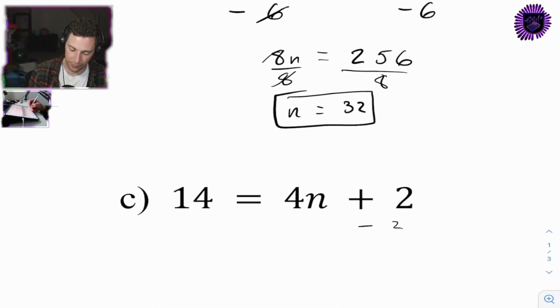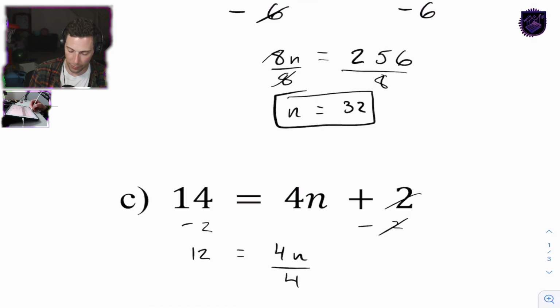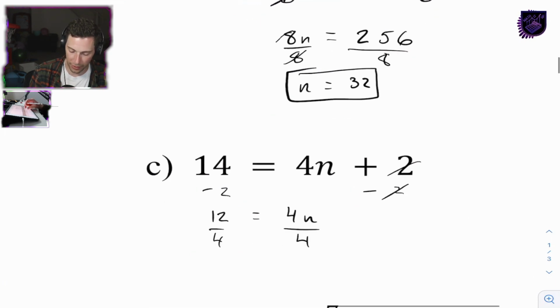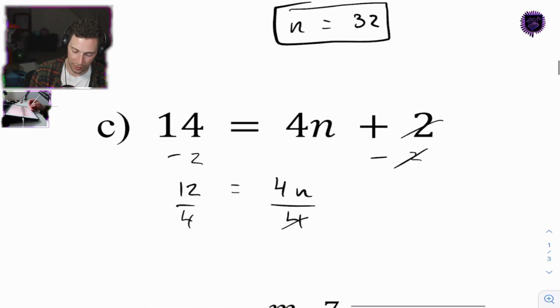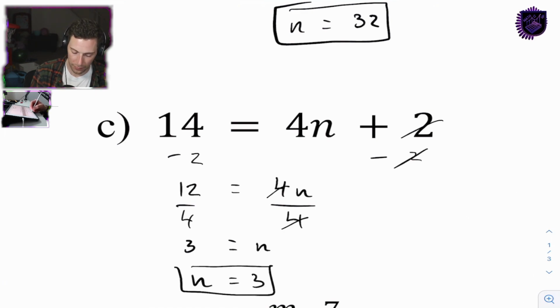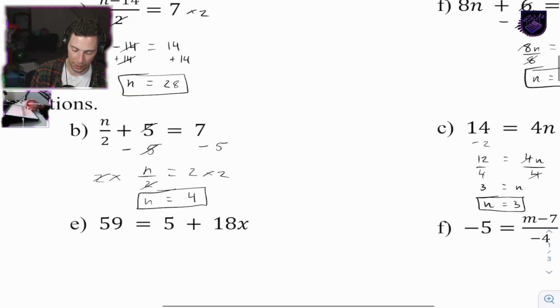Minus 2 cancels. 12 is equal to 4 times a number. Divide by 4 to isolate my variable. Do it to both sides. This side cancels out. And it leaves us with n. And 12 divided by 4 is 3. N equals 3. Let's write that. N equals 3. It's nice to write it like that, in that order.